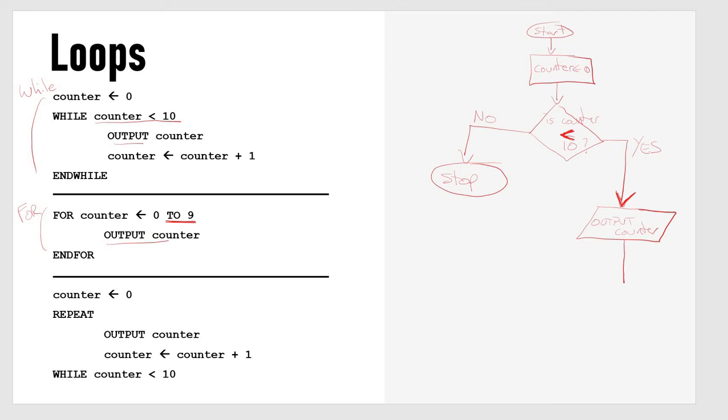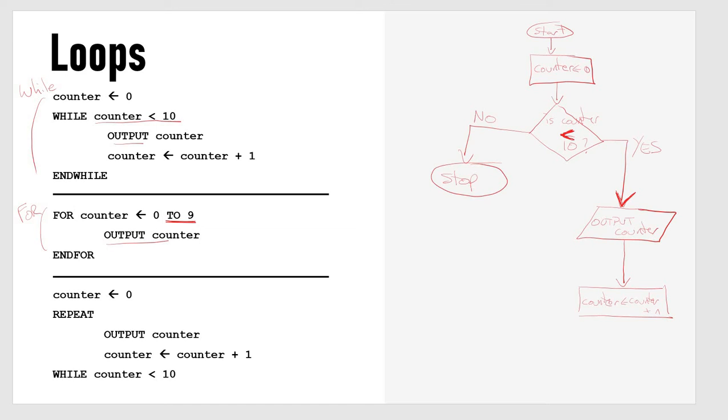And then we can increment the counter, and for that we would need a rectangle or a process box. So we say counter is assigned to counter plus 1. I'm just doing it like this because I'm running out of space.